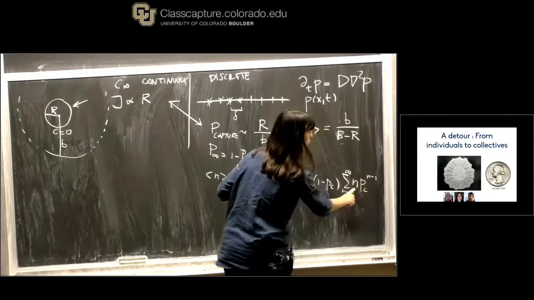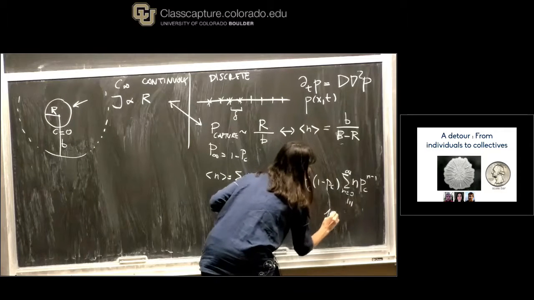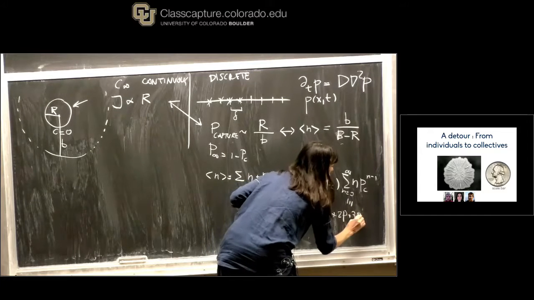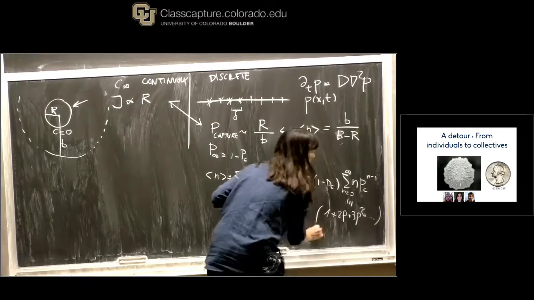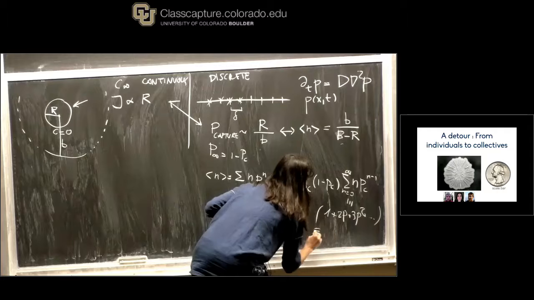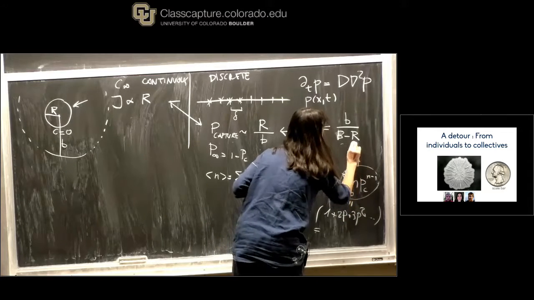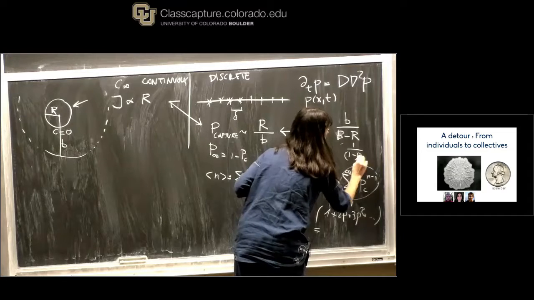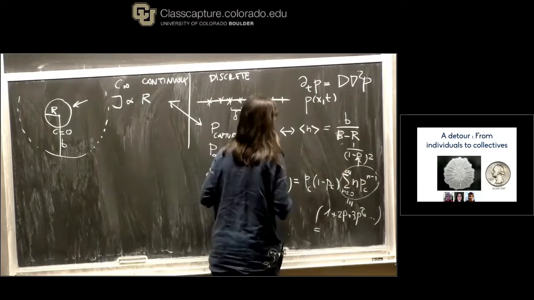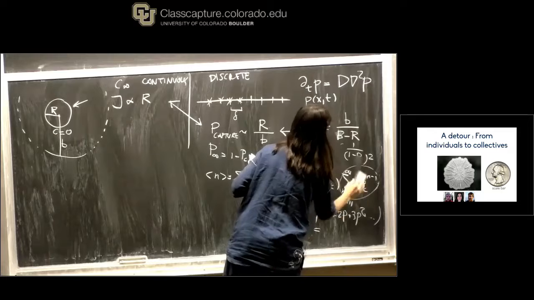For n equals 1, you have 1 times P to the 0, so this series is 1 plus 2 times P plus 3 P squared, and so on. And this is the Taylor expansion of, so the sum converges to 1 over 1 minus P_C squared. If you do the Taylor expansion of 1 divided by 1 minus P_C squared, you'll get exactly that series.